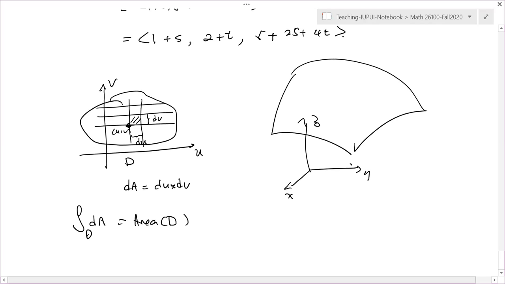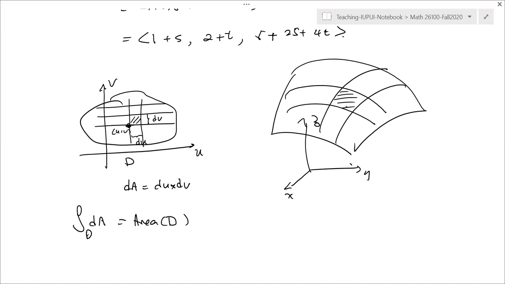Now, how about the image here, right? Remember, you have this curve, right? So that is the image of that piece. Okay. I want to estimate that and add them together.